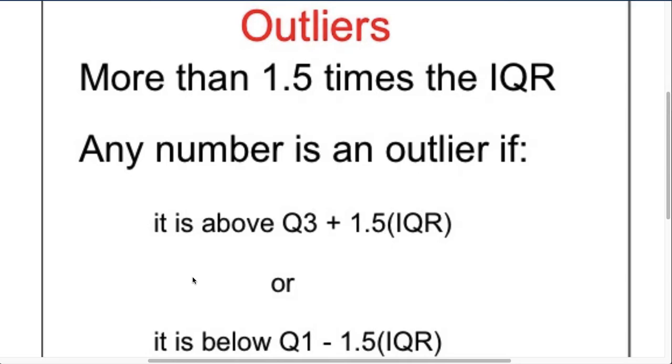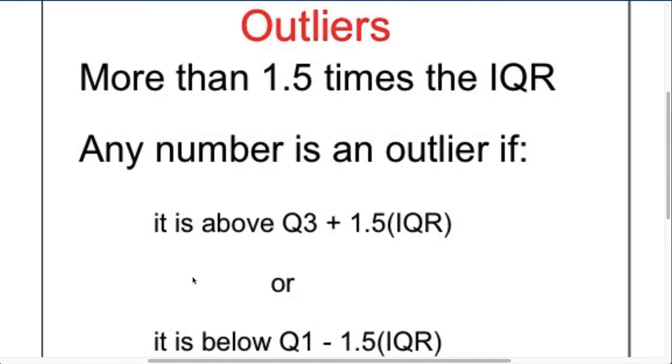Outliers. We mentioned outliers briefly in the last video, and there is an actual way to calculate outliers. An outlier is any number that is more than 1.5 times the interquartile range, the IQR, beyond the quartiles.